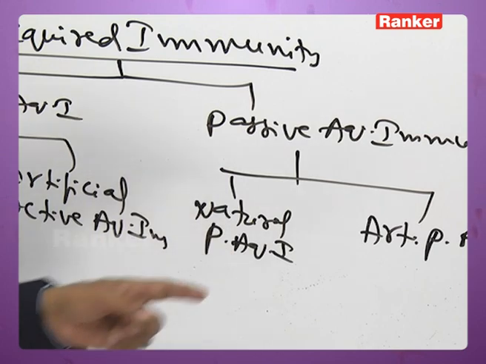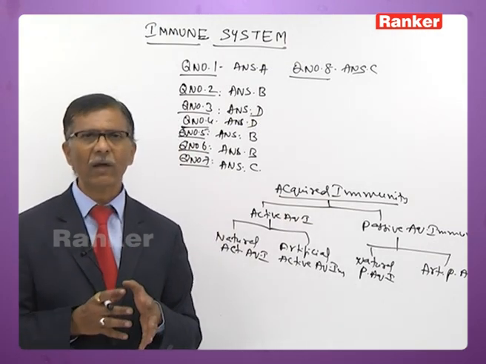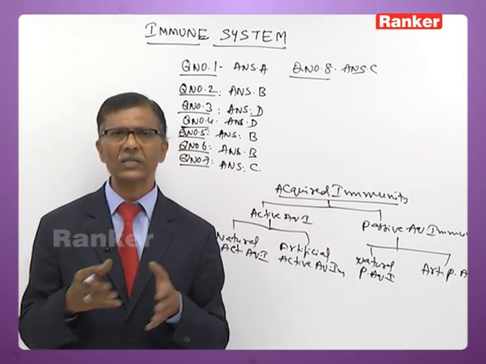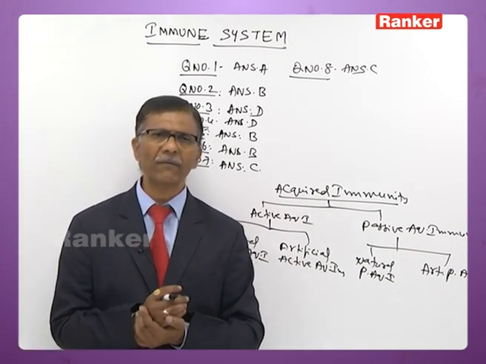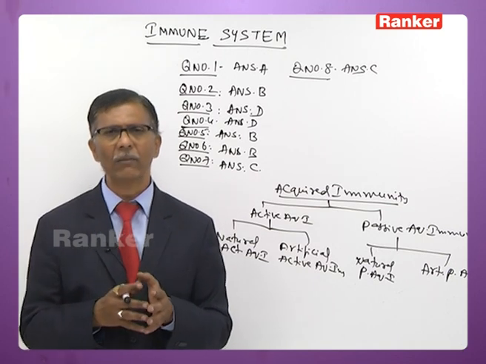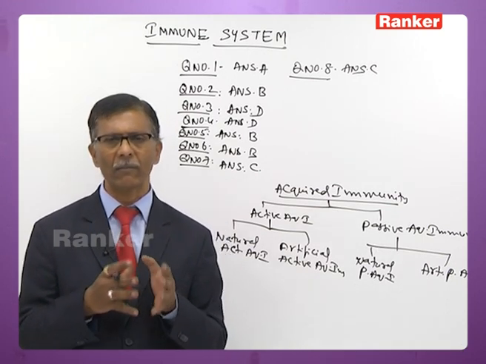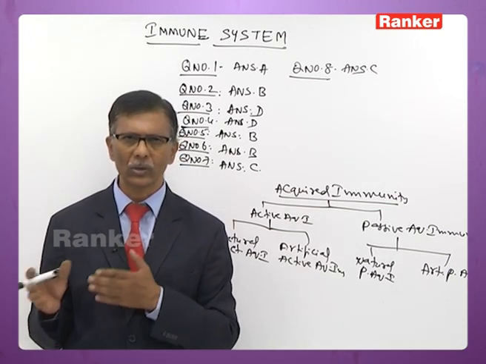In natural passive acquired immunity, there is a transfer of antibodies from mother to fetus through the placenta during the gestation period, or soon after delivery from mother's milk to the infant.